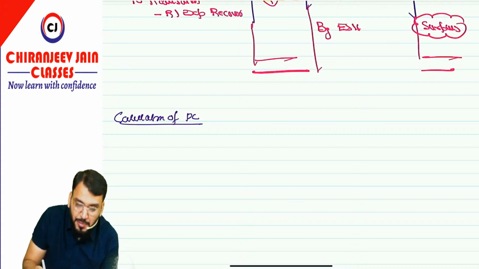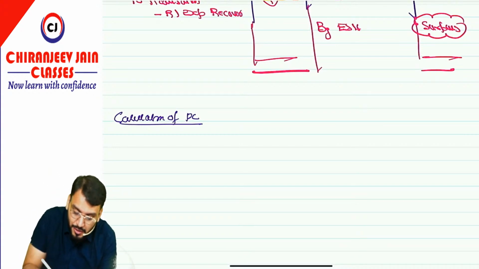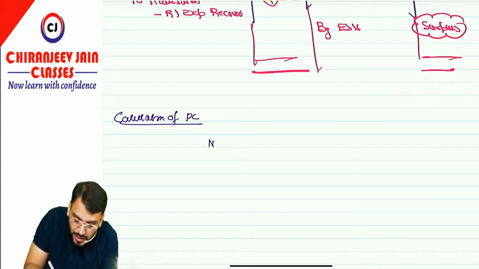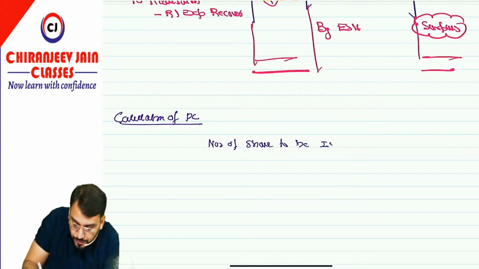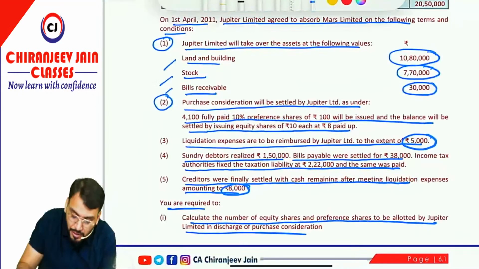But I will use net payment. So whenever the question asks, just identify this: whether the number of shares to be issued is given. First check whether the number of shares to be issued to equity shareholders is given. So what have they given?